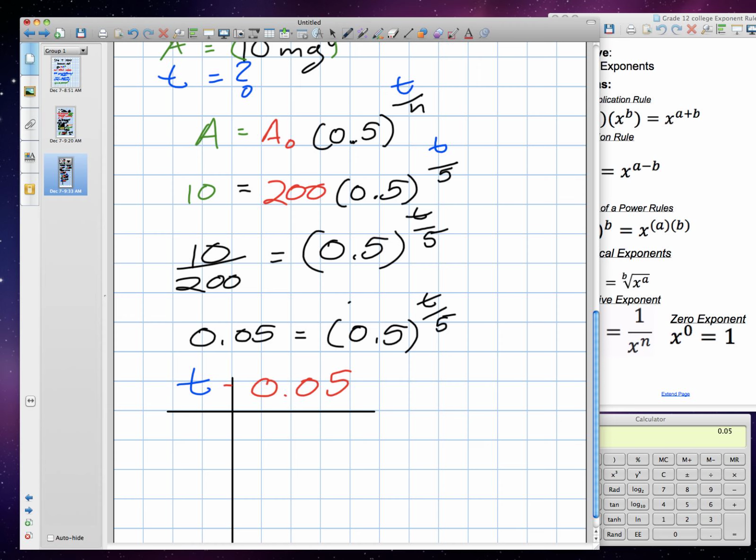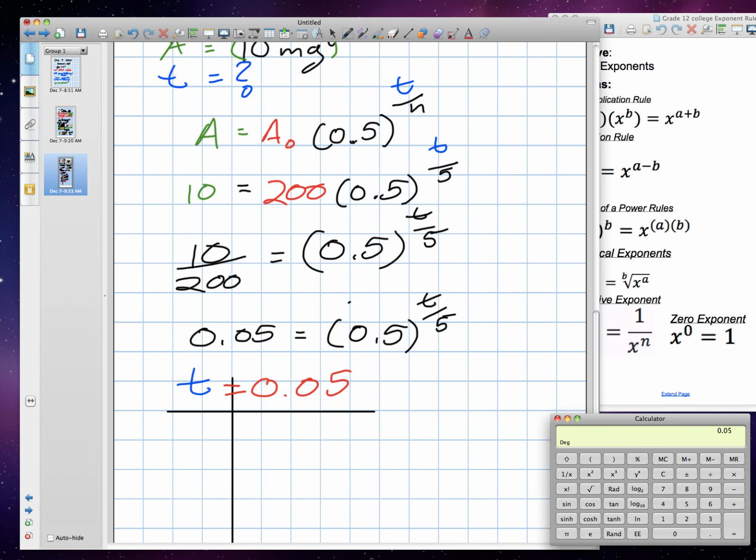So what we're going to do is plug these in. Now in your calculator, you're going to have to divide your exponents first, figure out what they equal, and then put it to the exponent of 0.5. So what I mean by that, for instance, for the number 1, I would do 1 divided by 5 gives me 0.2. So 0.2 is my exponent. I then put it to this base of 0.5.